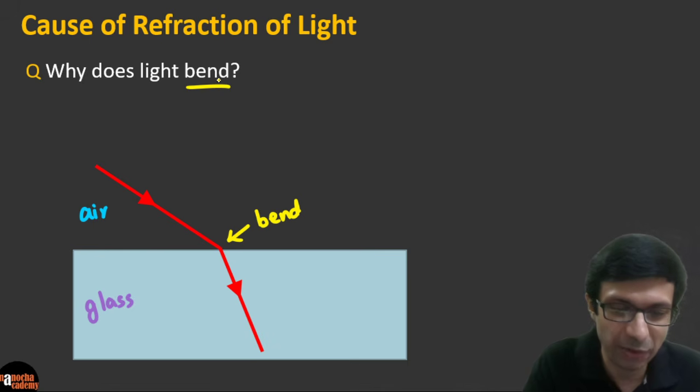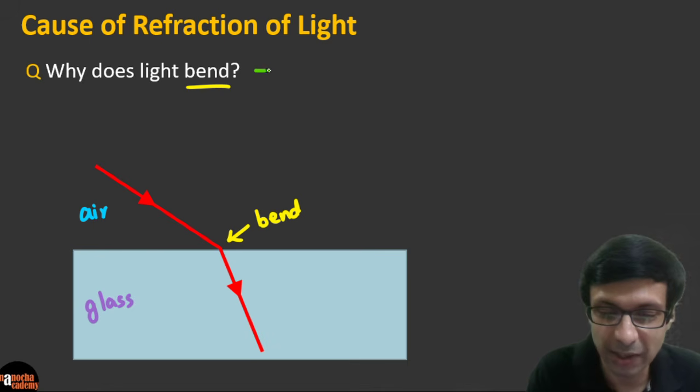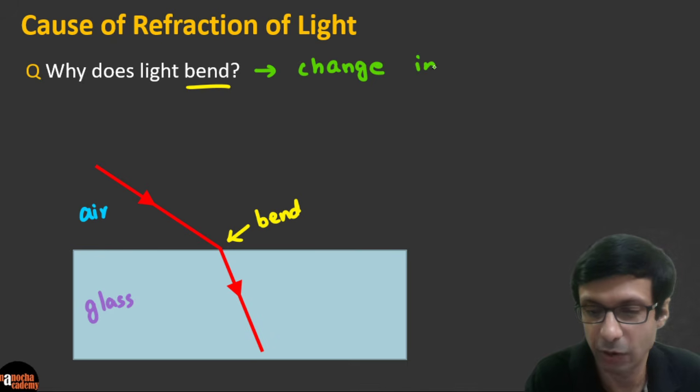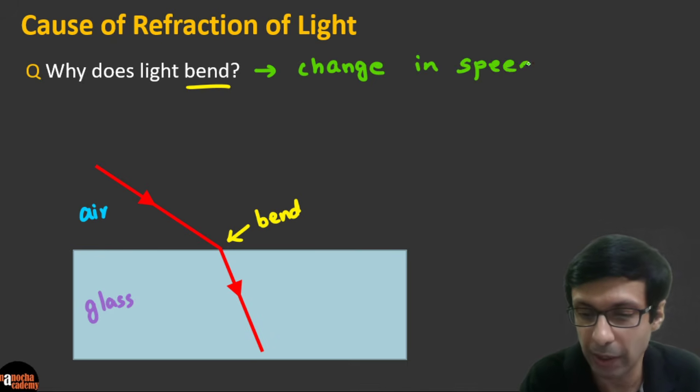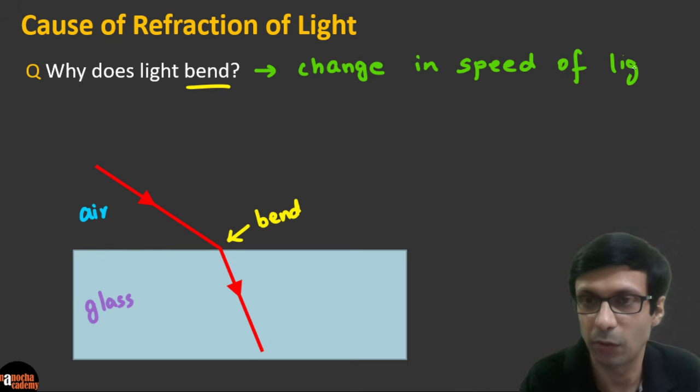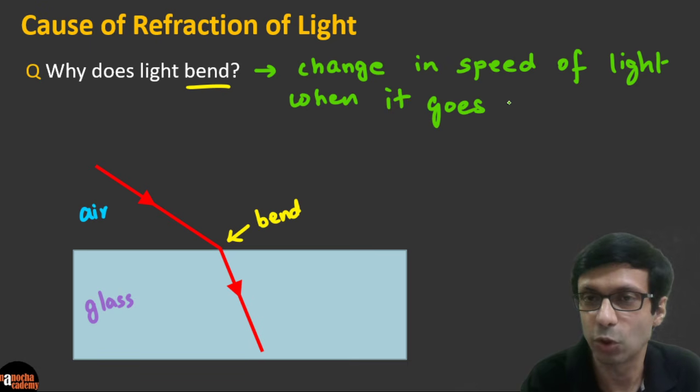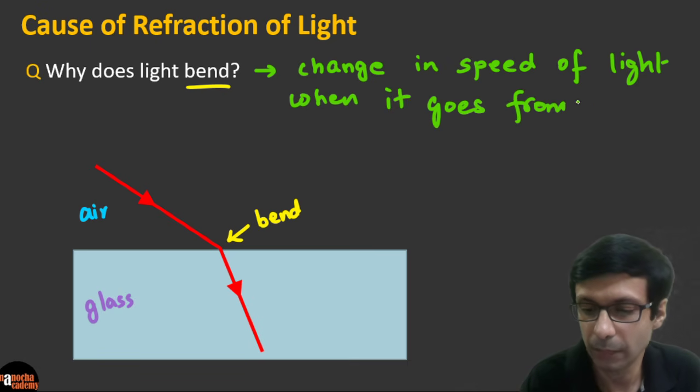I see a lot of you have the right answer here. So it is because of the change in speed of light, right? Or change in velocity of light. So it is due to the change in speed of light, right? When light goes from one medium to another.